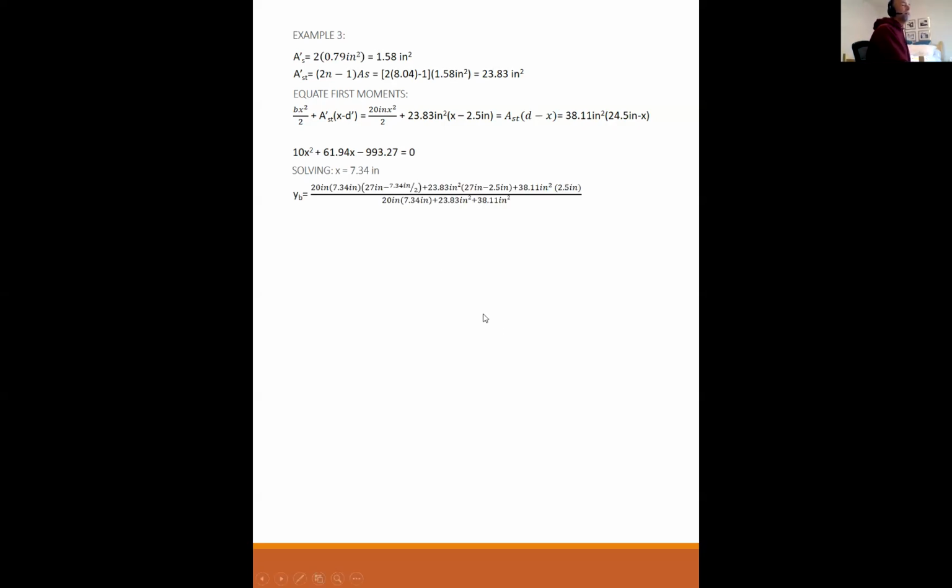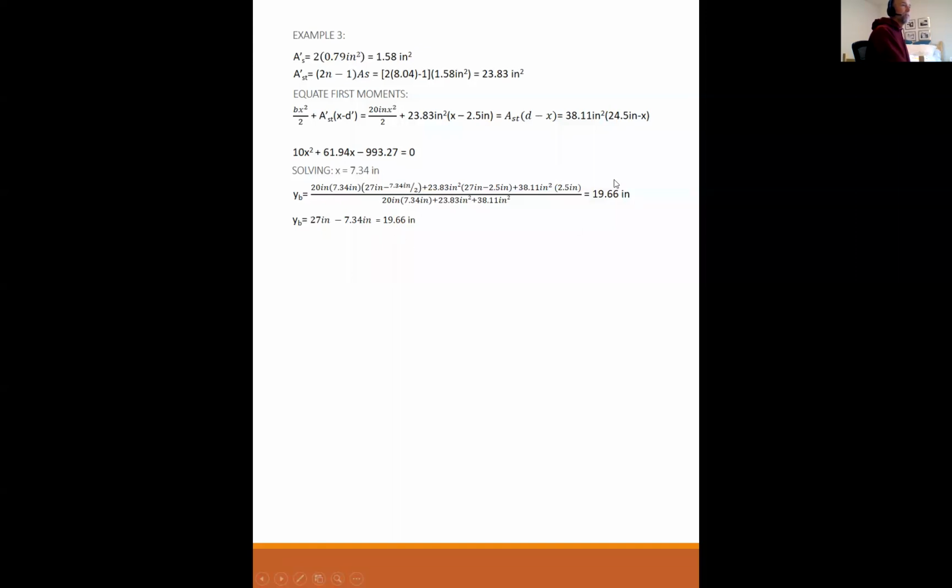So I find my center of gravity, and this looks kind of nasty, but it's just the width of the concrete, the depth of the concrete, times the height from the bottom, plus the compression steel times the height from the bottom, plus the tension steel times the height from the bottom, divided by the total area. I get 19.66 inches. Or I could do it the easier way: 27 inches minus x gets me to the neutral axis, 19.66 inches.